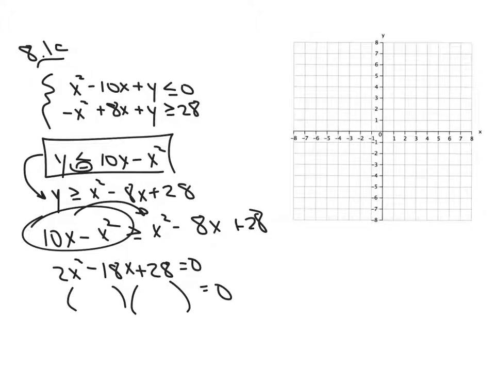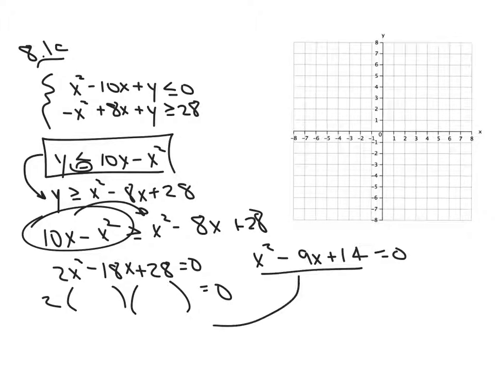Factor out a 2 first of all, and that leaves me with x squared minus 9x plus 14 equals 0. So that's what I'm going to factor into my two binomials there, where I have x minus 2 and x minus 7.